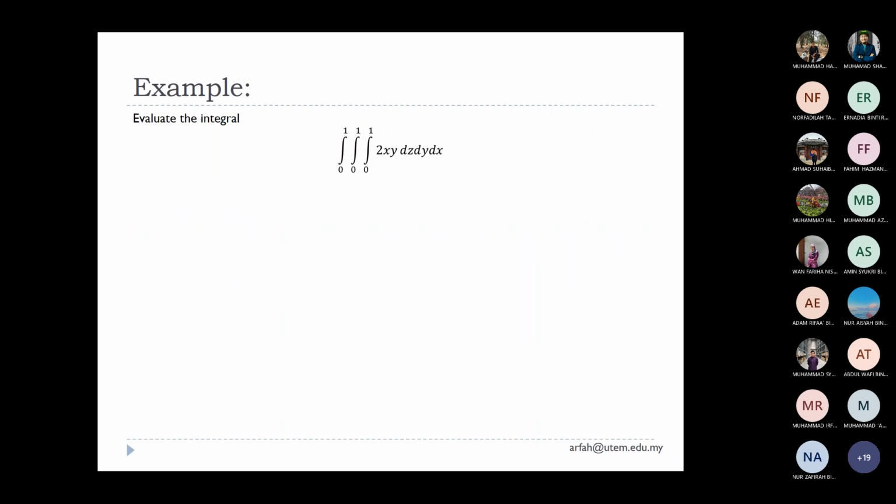Kita cuba example. Okay. Let's say we want to try this example, how you are going to evaluate the triple integral for the given function. Cuba buat this one. Evaluate the integral by which the function that you have is 2xy, and we would like to do the triple integral over z taking the value between 0 and 1, y and x both taking the value between 0 and 1.